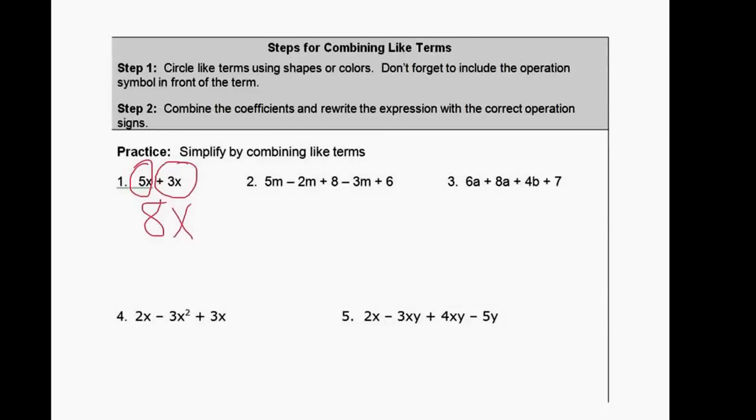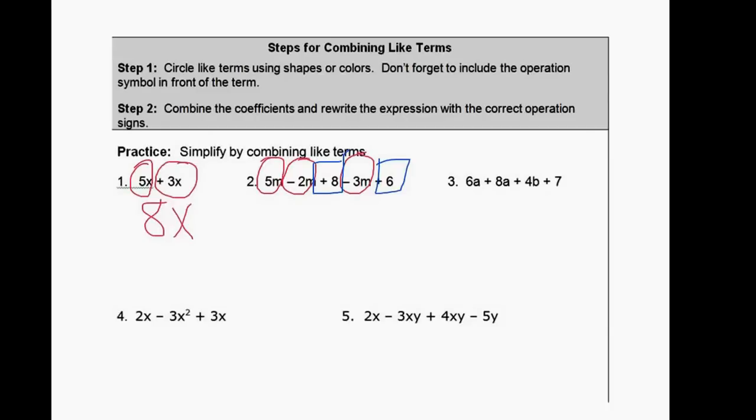Okay, let's do this next one. Looks like we have some m's. So I'm going to circle the 5m, and I'm going to circle the -2m, and I'm going to circle the -3m. Then I've also got a plain old number, +8, and a plain old number, +6. So when I start combining these, I'm going to start by combining my m's.